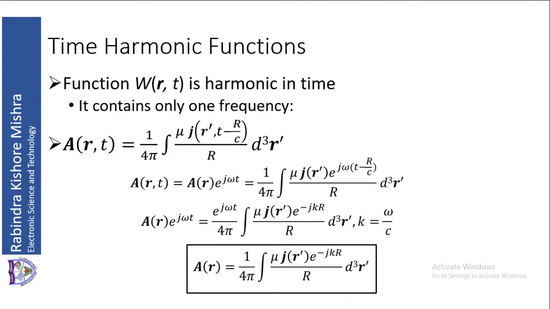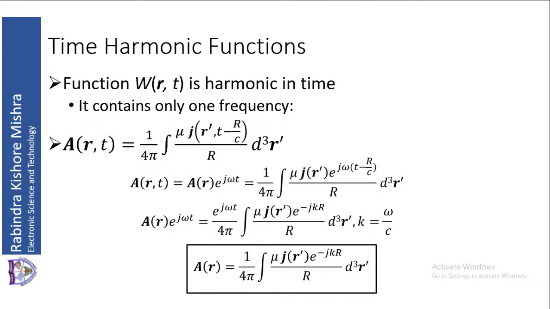So A(r,t) is the vector potential that we can write as 1 by 4 pi integration of mu J(r dash, t dash), where t dash is equal to t minus R by c, and t dash is the retarded time.